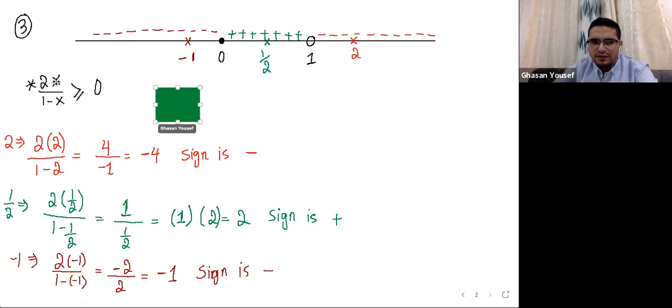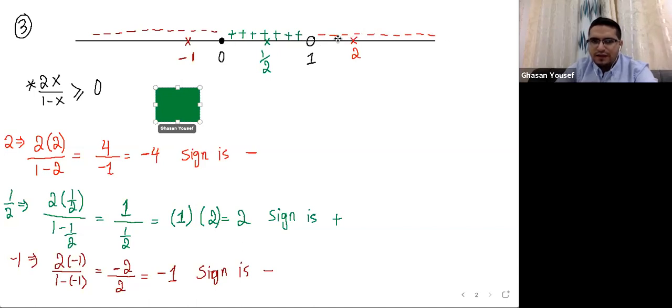As we look on the line, from -infinity to 0 will be negative, from 0 to 1 will be positive, and greater than 1 will be negative.